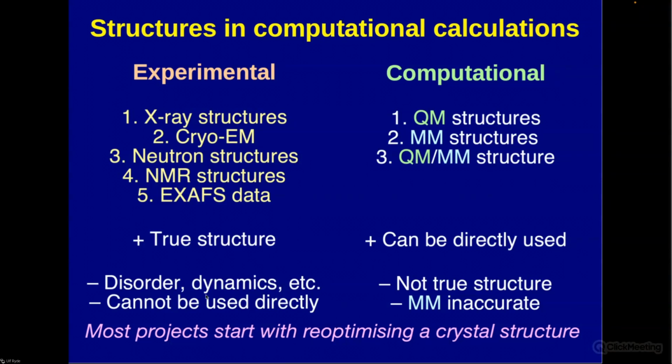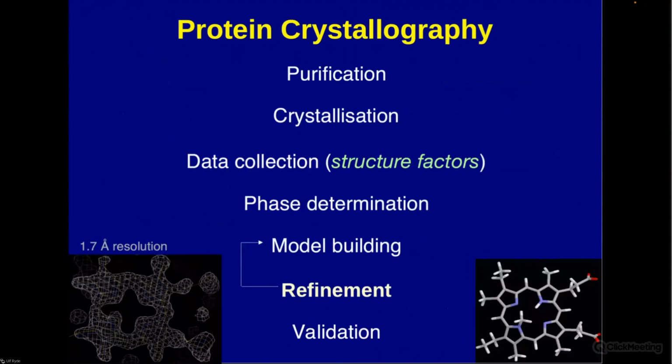You have to get a crystal, of course, and then you collect the data. And the important thing for those that don't do structures is to know that the PDB files you find are not the experimental raw data, but they are the product of an involved process.